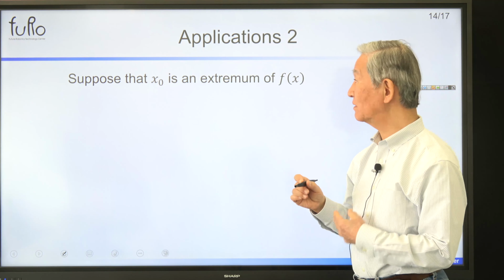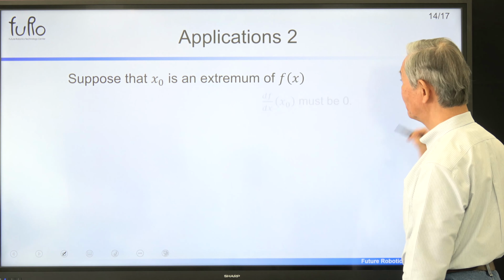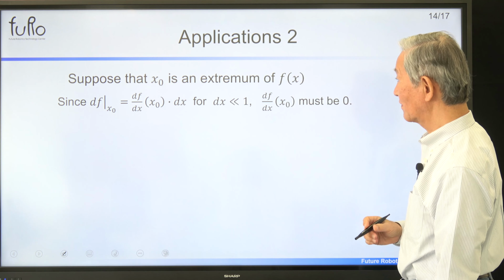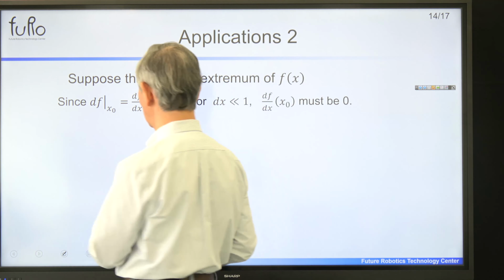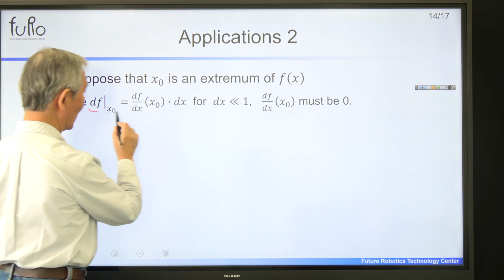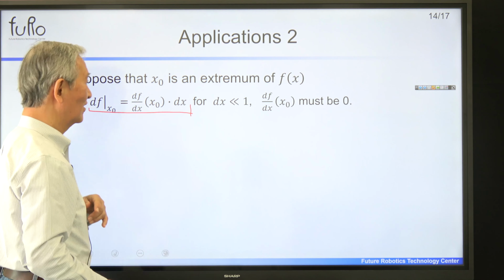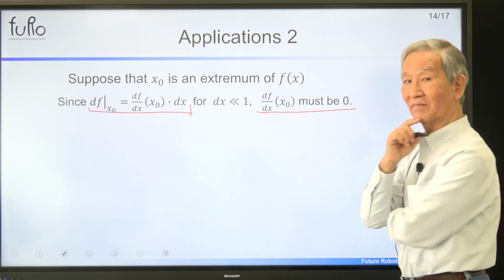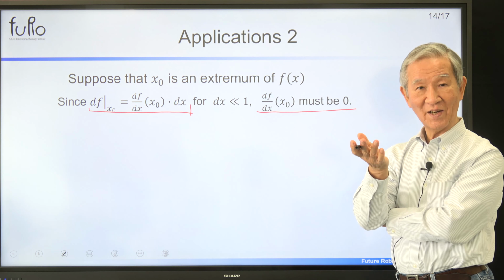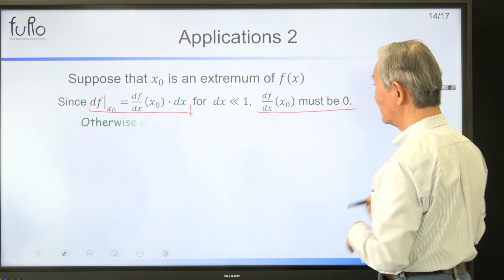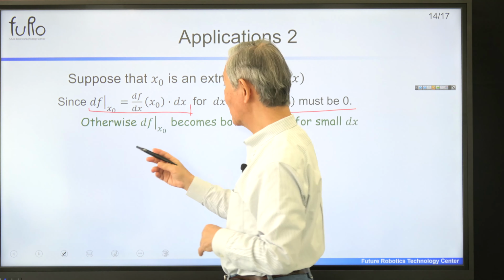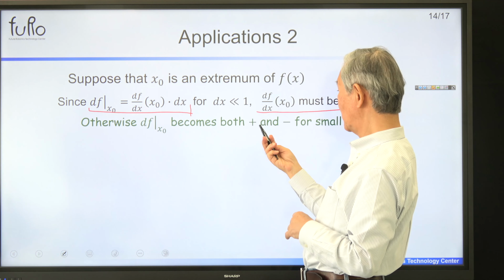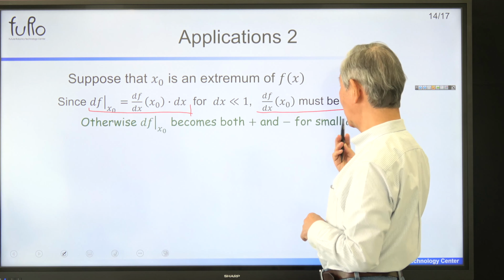So suppose that x0 is an extremum. Application 2. In that equation, what's going to happen? Okay, since this is equal to that, this must equal 0. Why? The reason is that otherwise df becomes both positive and negative for small dx.